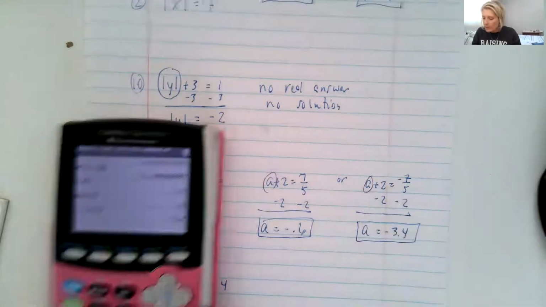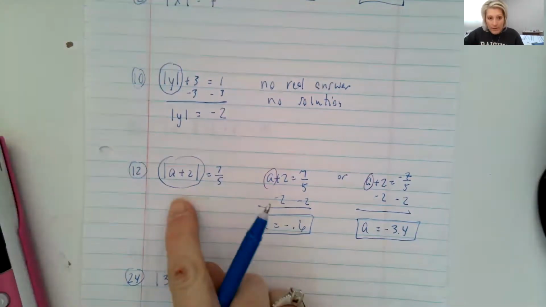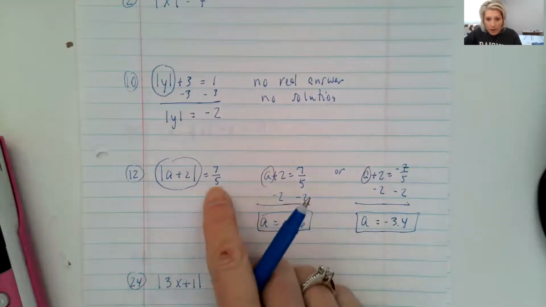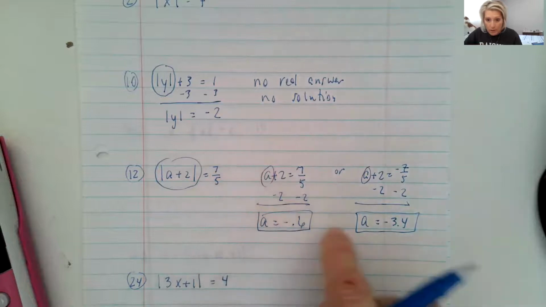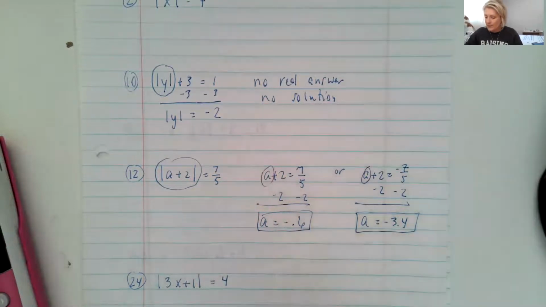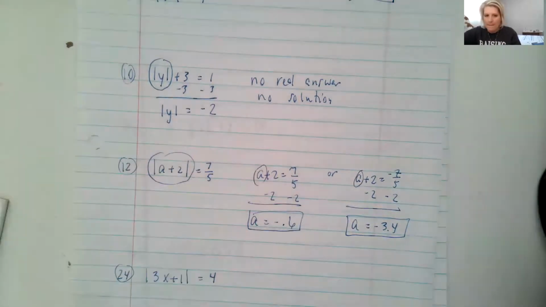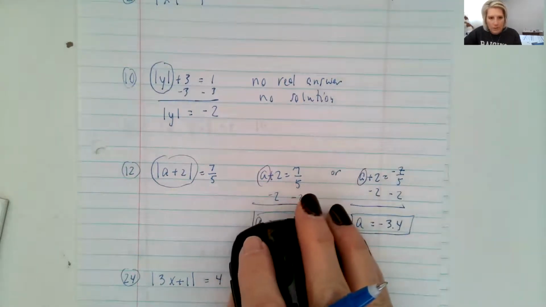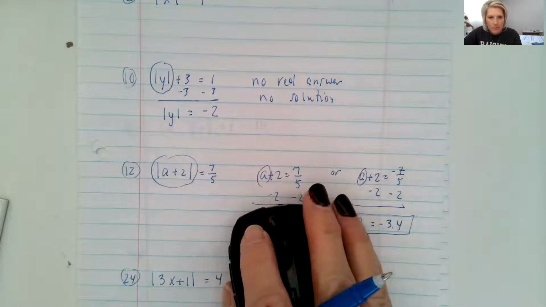Like always, you can go to Desmos and put this in, and it will show you where it equals 1.4. I'm going to show you how I would do this one, because then you can check the rest of your problems as well.